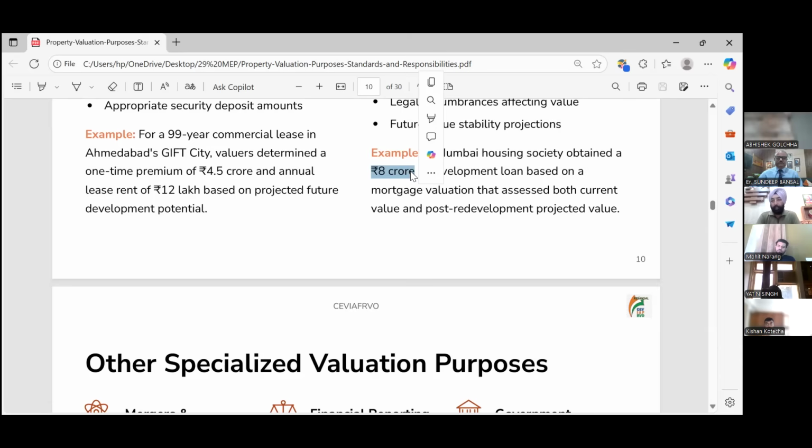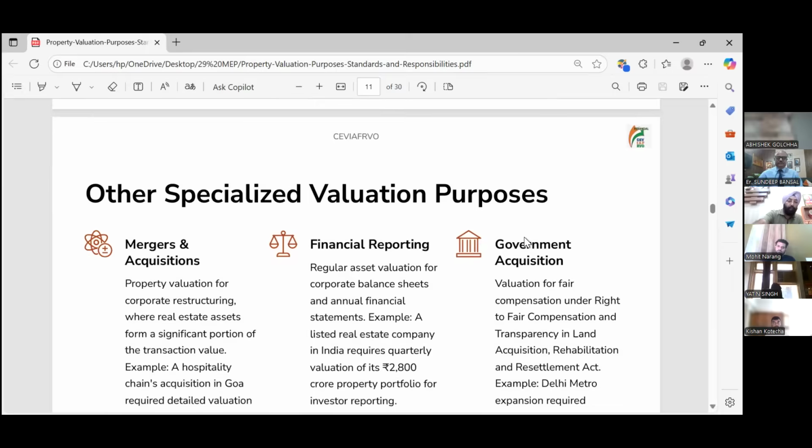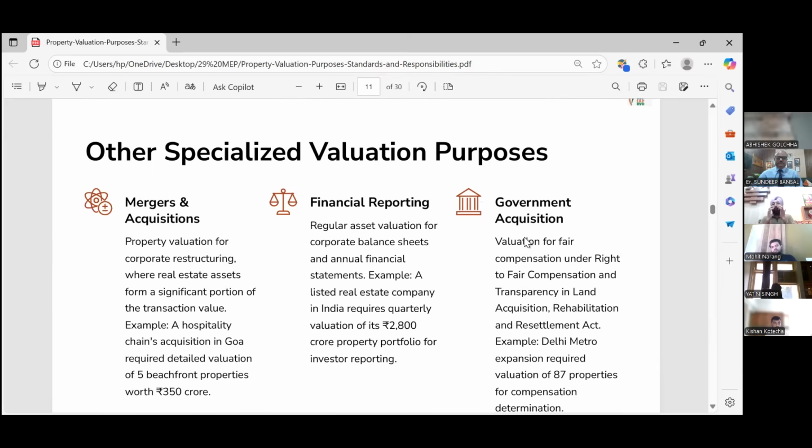It may be more than 15 lakh or it may be less than 15 lakh. That is what you have to find out. Current value and post redevelopment value. Clear?